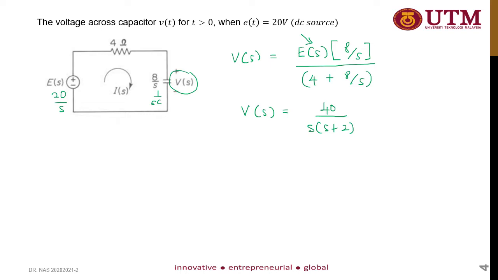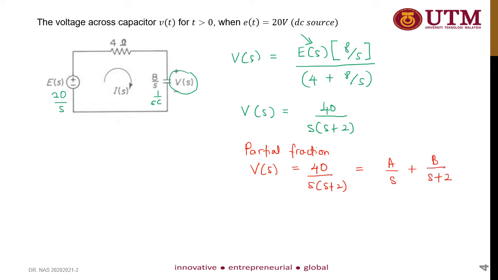Okay, so from here you can use partial fractions to get the parameters A and B, in which V(s) equal to 40 divided by S plus 2 equal to A over S plus B over S plus 2.